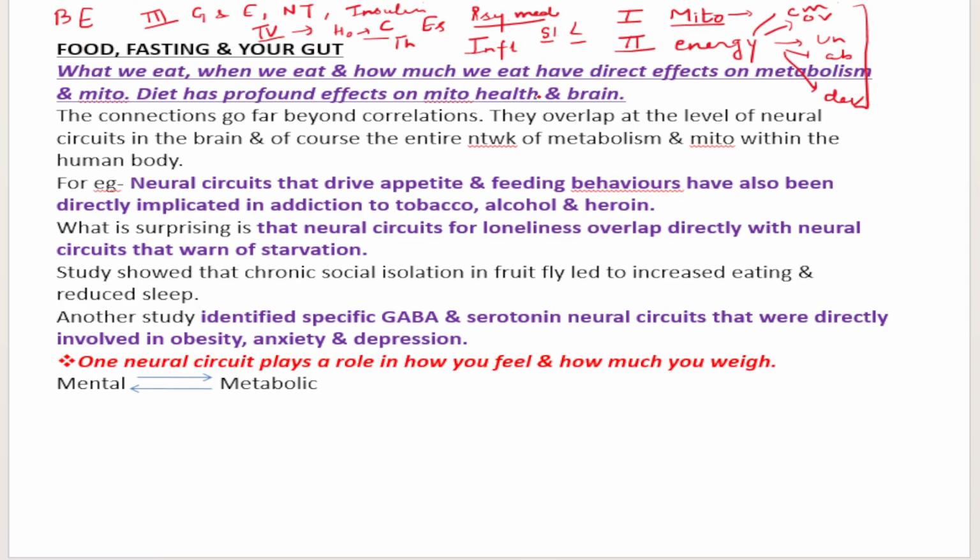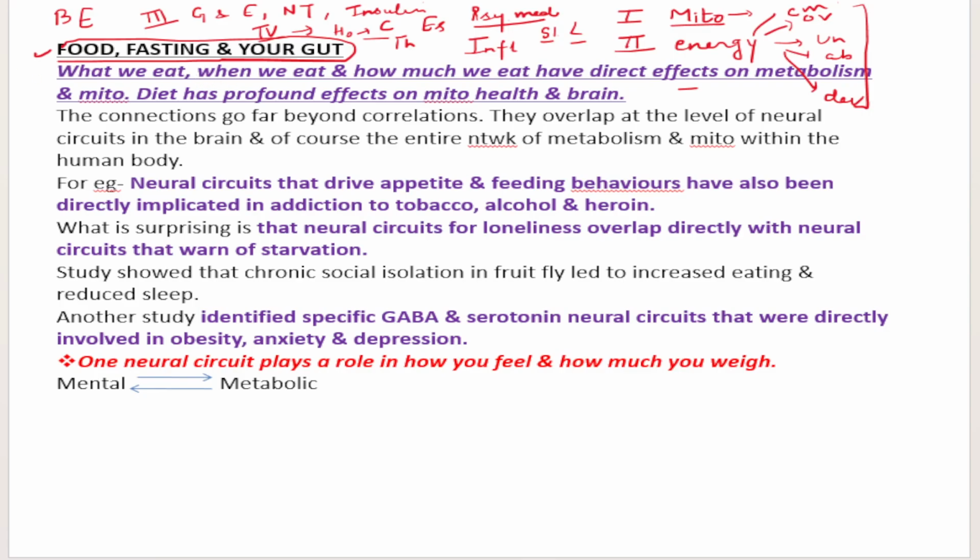Now we come to the fifth part of our lecture series, and we are going to start a very important contributing cause to mental and metabolic health, which affects mitochondrial function, and this cause is food, fasting, and our gut.